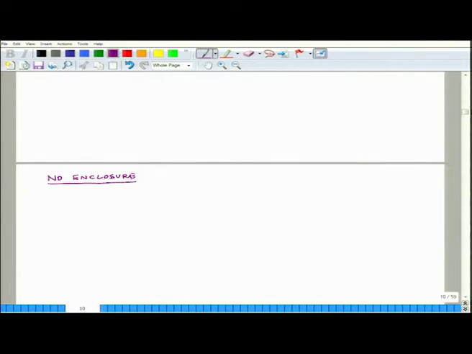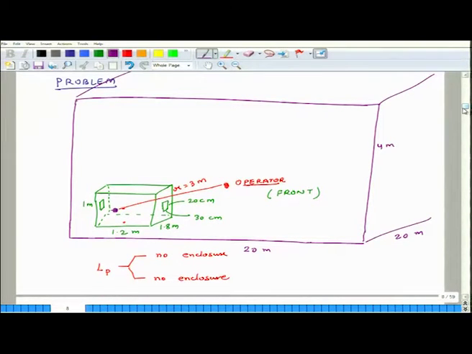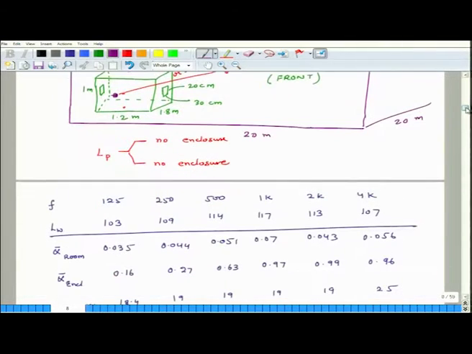Now, when there is no enclosure, we know that this is a closed room and we have a relation which connects sound power level and sound pressure level in terms of the room constant. The other thing which is given is that the directivity of the sound source is 1, Q equals 1.